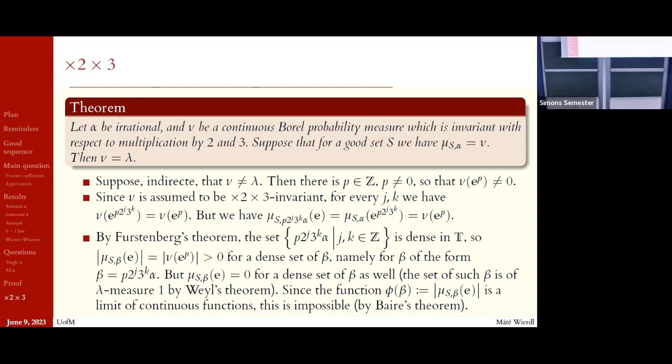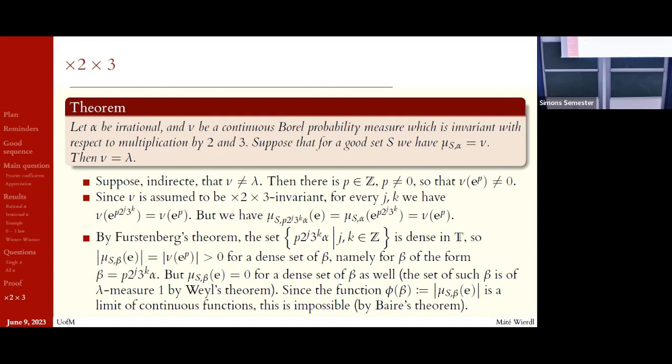So in particular, the absolute value of the first Fourier coefficient of the limit measures is equal to the p-th Fourier coefficient of mu, which we assume to be greater than 0, for a dense set of betas.